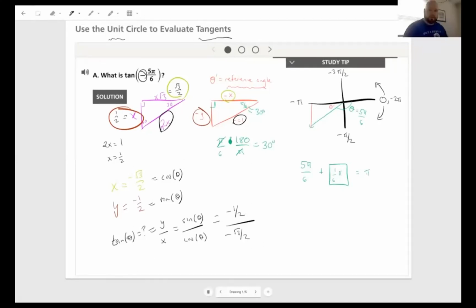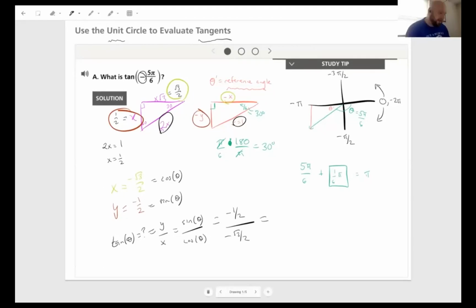And then you have to simplify this fraction. The first thing that I see is that I have a negative on the top and a negative on the bottom, so my answer has to be positive. I also see that the denominator of each of those fractions is 2. And when your denominators match, you can cancel them out. And you'll be left with just 1 over the square root of 3.